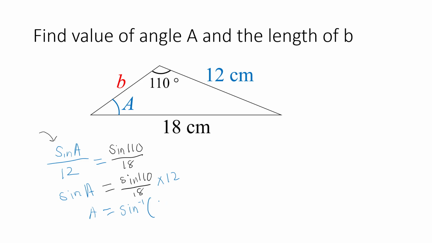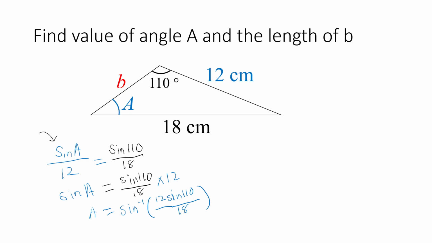And because it's times, I can easily put 12 over here, sine 110 over 18. Because this one is multiplied to the denominator. Just take note, I put the 12 in front of the sine.